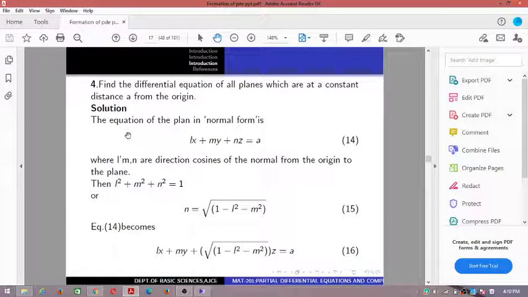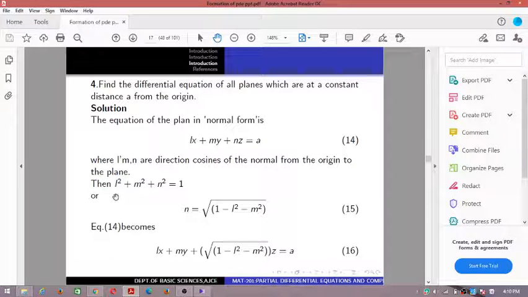We are first writing the equation of all planes in the normal form, which is given by Lx plus My plus Nz is equal to a, where L, M, N are direction cosines of the normal from the origin to the plane.